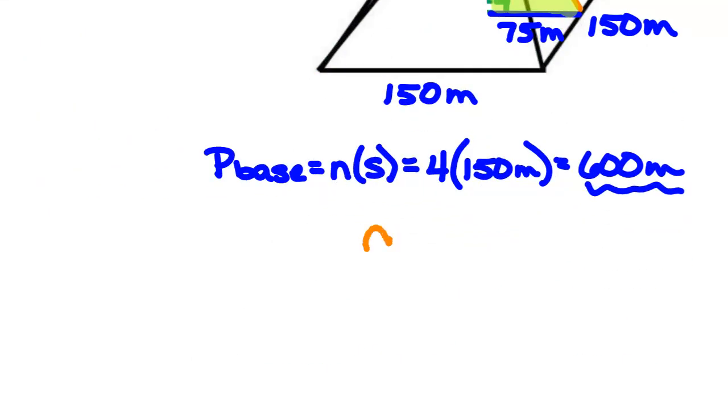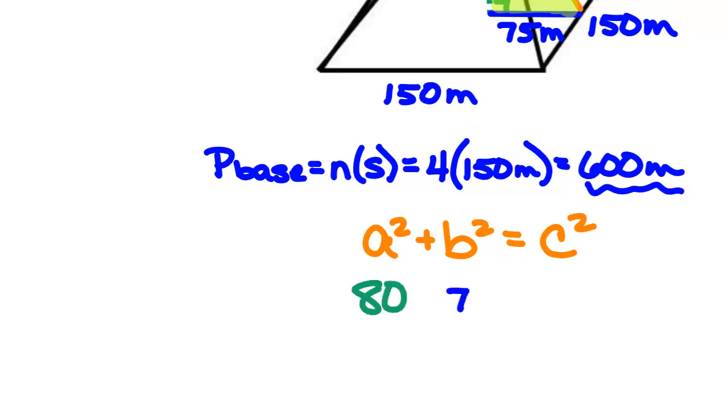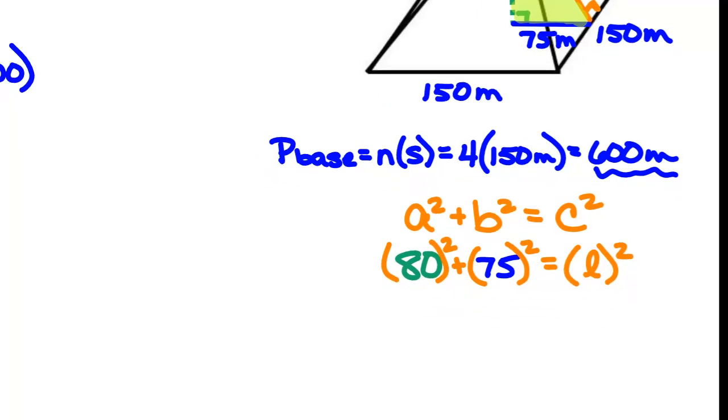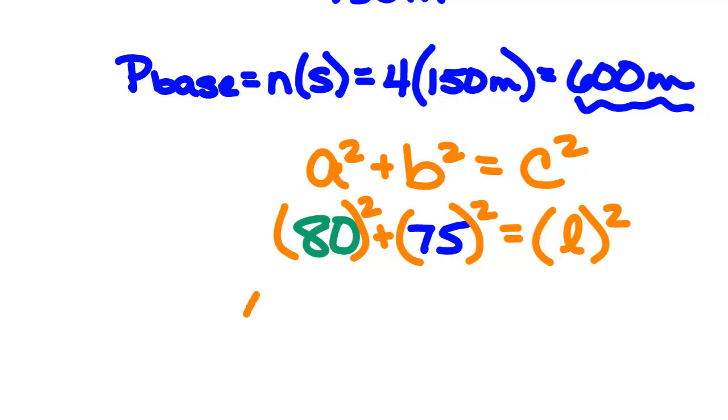So Pythagorean theorem, a squared plus b squared equals c squared. My height of 80 and my half base edge of 75, that's what we put in for A and B. Order doesn't matter. So 80 squared plus 75 squared equals my slant height squared. 80 squared is 6,400.